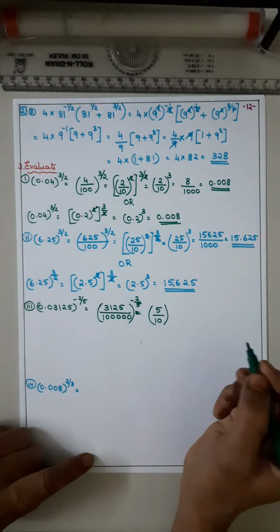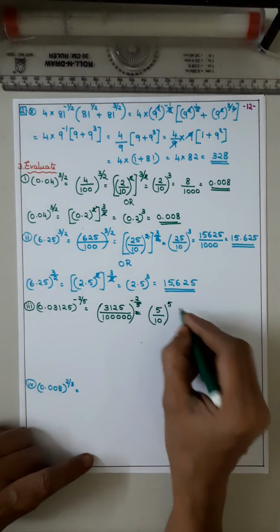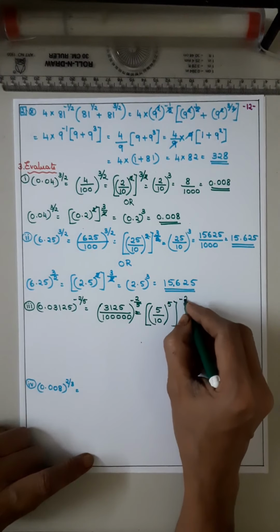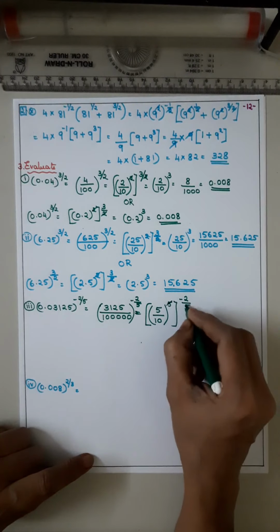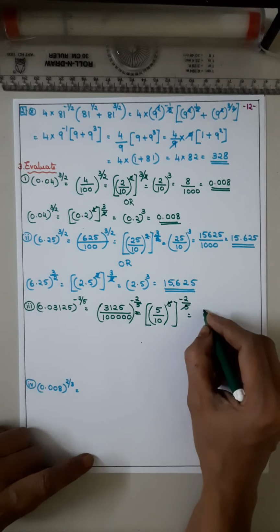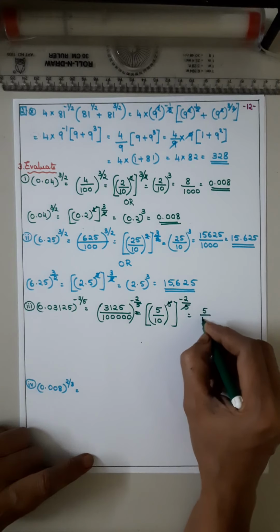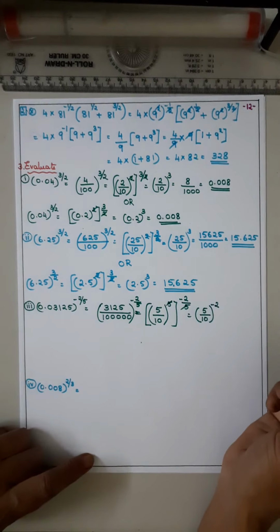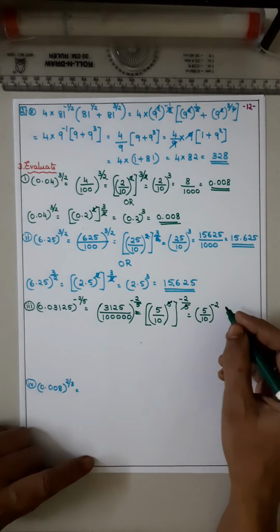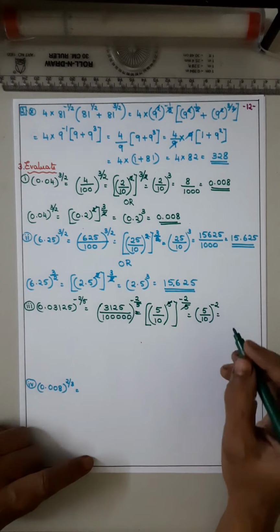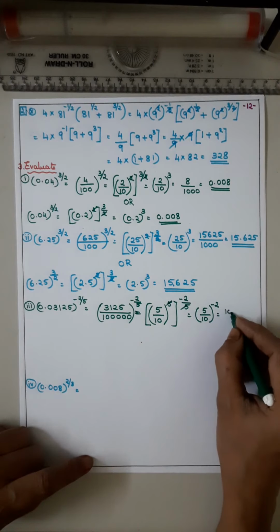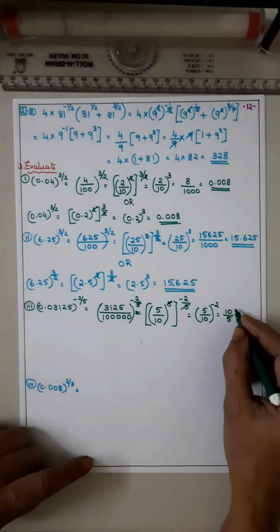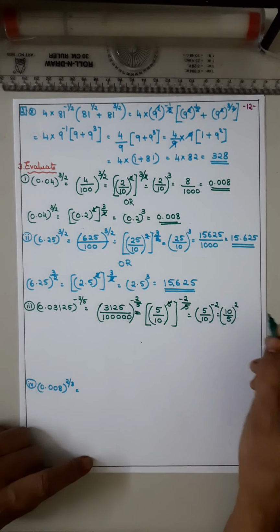So power 5 the whole power minus 2/5. 5 gets cancelled, that becomes 5/10 the whole power minus 2. अभी power minus 2, that means it becomes the reciprocal, that is 10/5 the whole power 2.